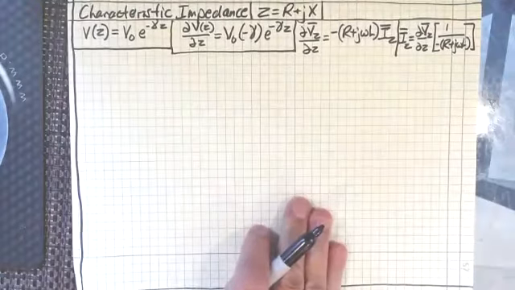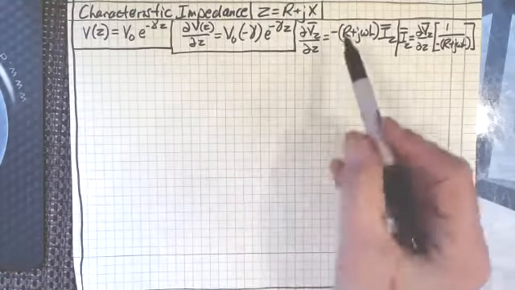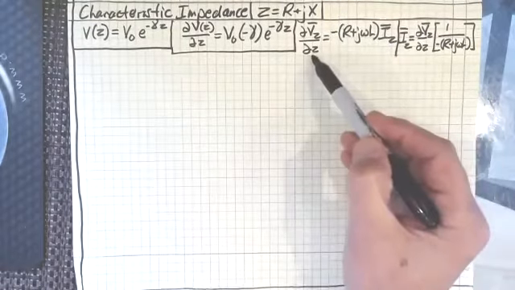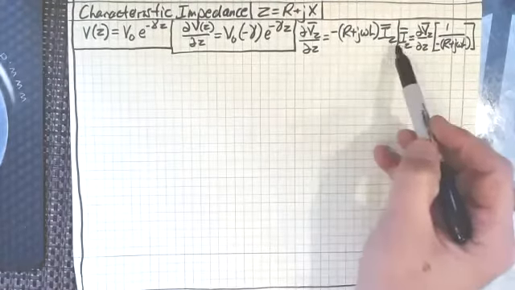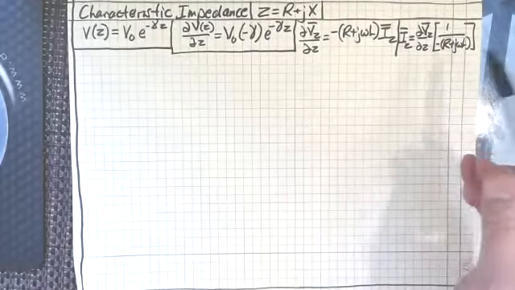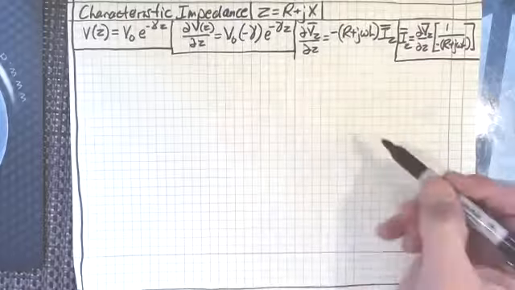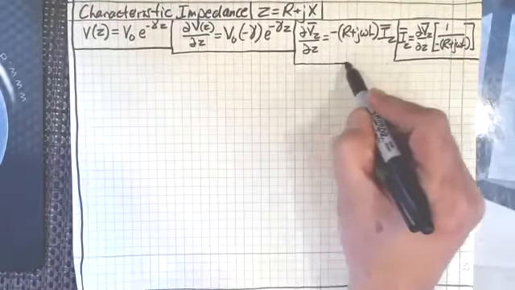You see what I'm doing there? Does everyone see what I did there? I just took that minus (R plus j omega L) and brought it over into the denominator on the other side, and then I switched it all around. So I think everybody can see what I did. Should be no problem.